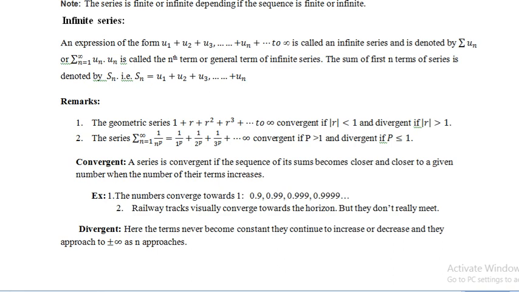In other words, we can say that the limit does not exist, or is plus or minus infinity. So it is called divergent.